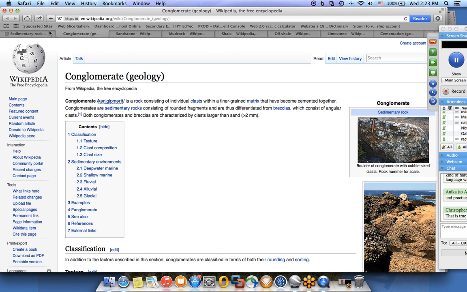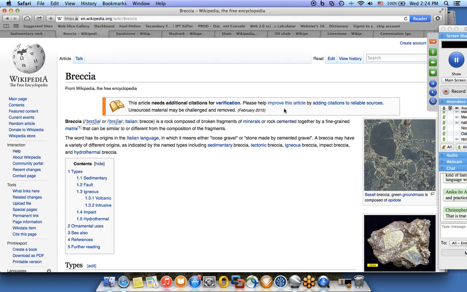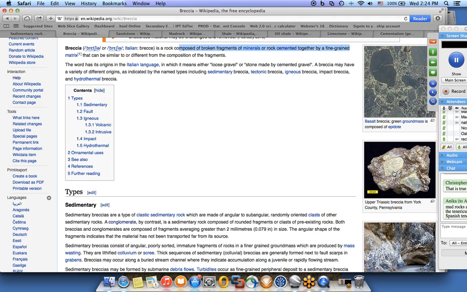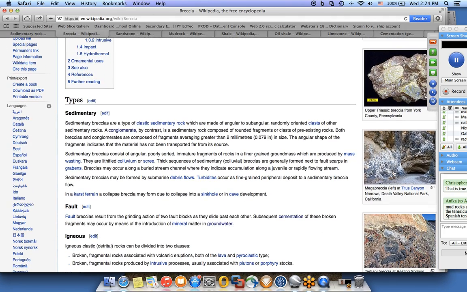If I go to the other article, let's see breccias. Breccias are composed of broken fragments of minerals and rocks cemented together. Can you see now the rocks here are not rounded? So these must be breccia.